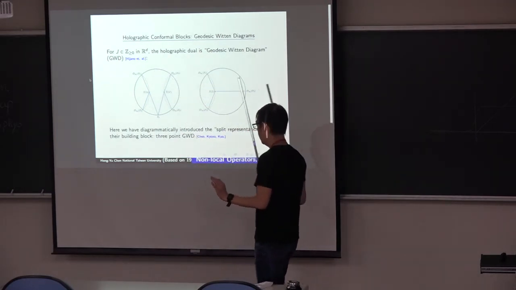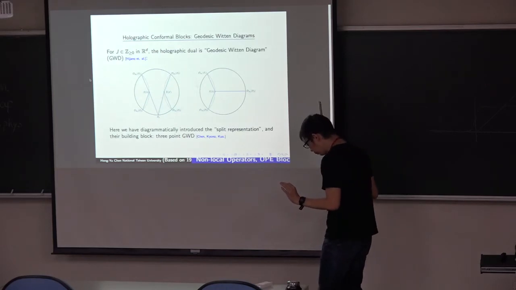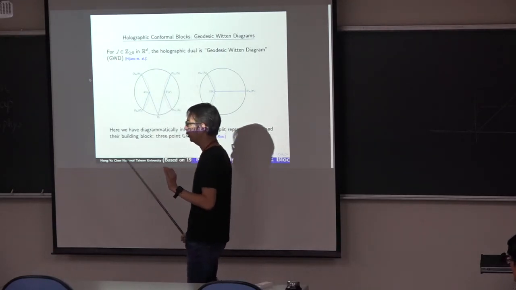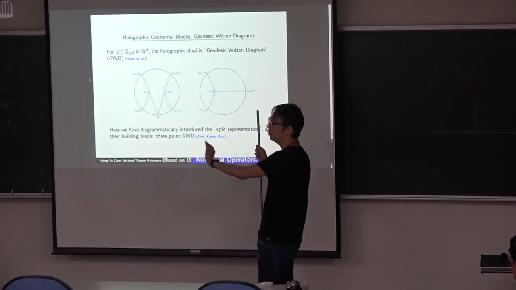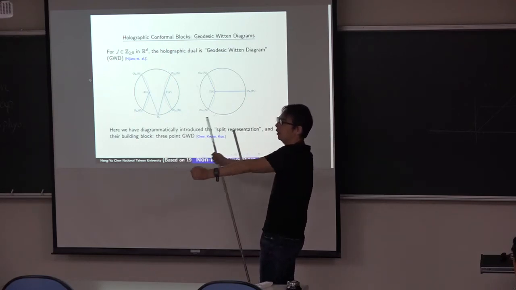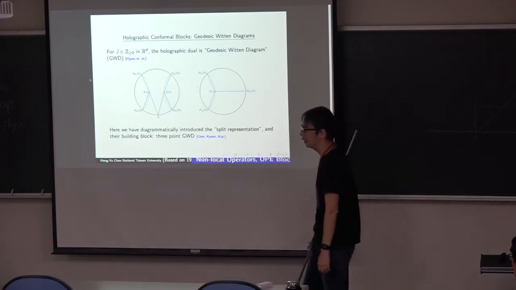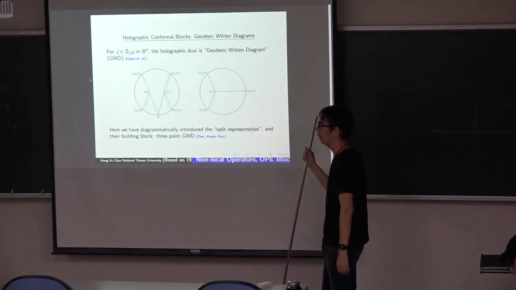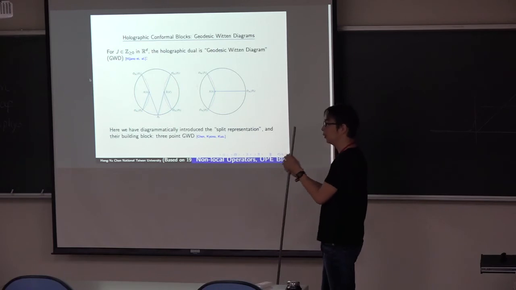Also, what are the possible interaction vertices? Usually, when we construct a vertex, we have a discrete spin, and then you just write down whatever contraction you need to respect the symmetry and so on. But now you don't.